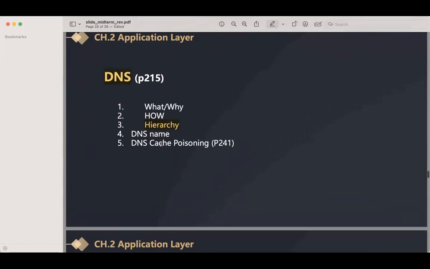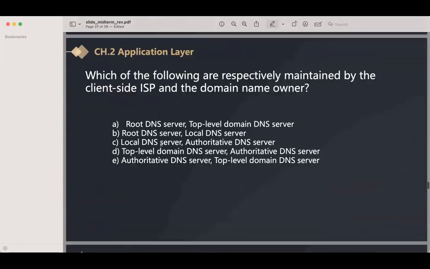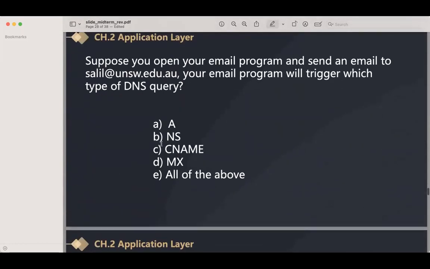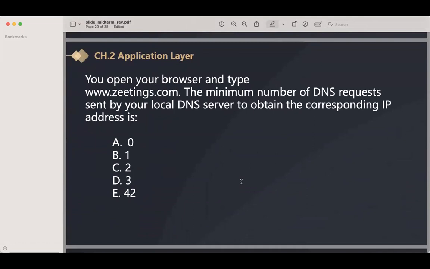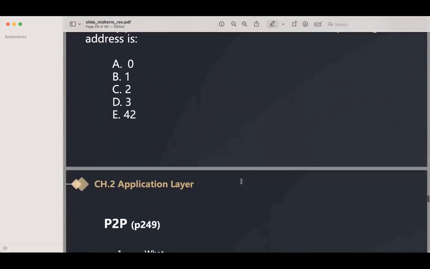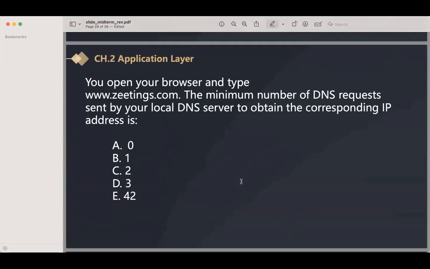And actually, I don't have much to say because there's no calculation. All you need to do is go through all these questions by yourself and try to figure out which part you are not familiar with. Then just have a look. This should not be a problem. And try to answer this one.